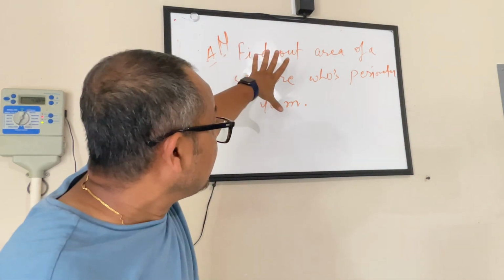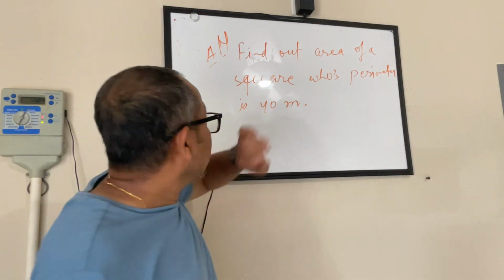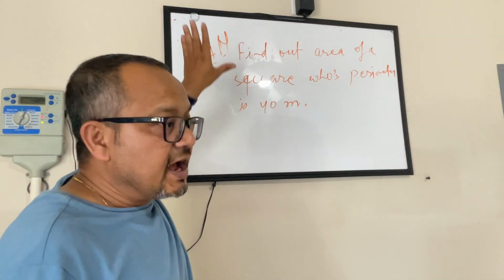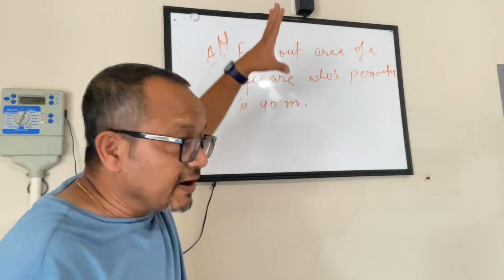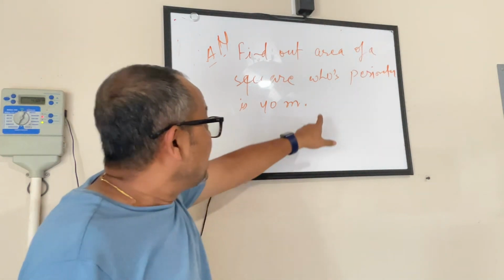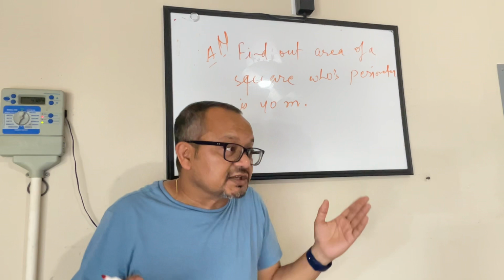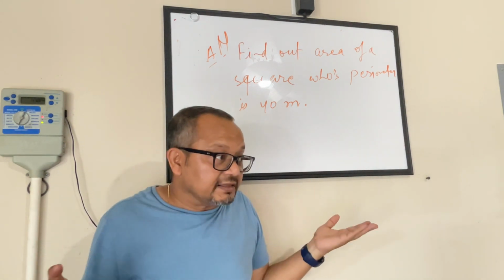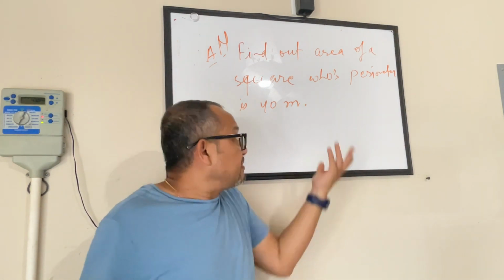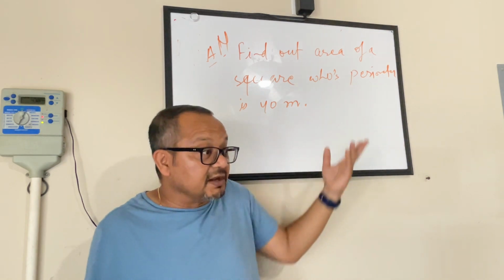So this is when I'm reading it, then I'm analyzing it. This is asking me to find out the area of a square whose perimeter is given. I know that the area of a square is length square, so I need to know the length. But I'm not given length, I'm given perimeter.